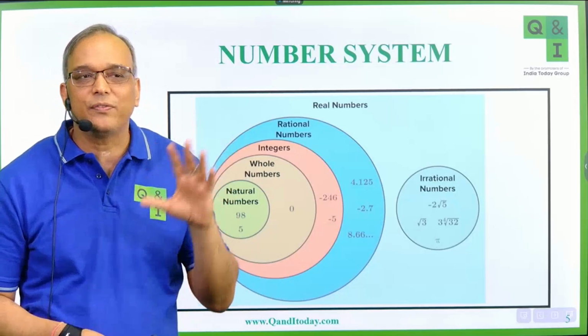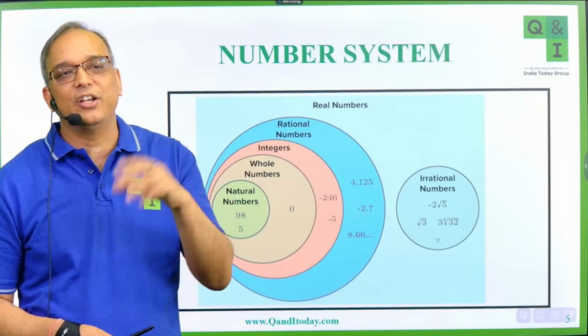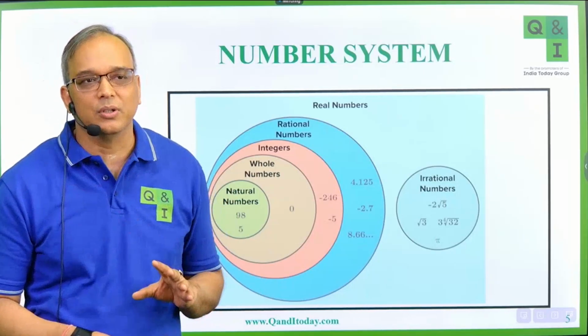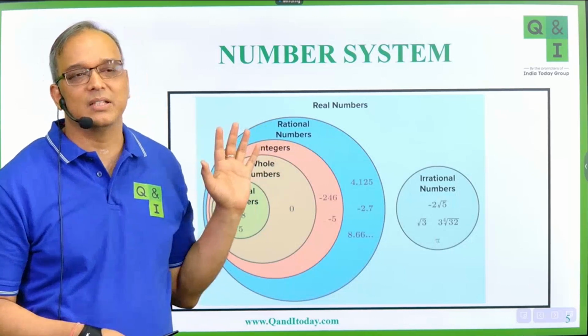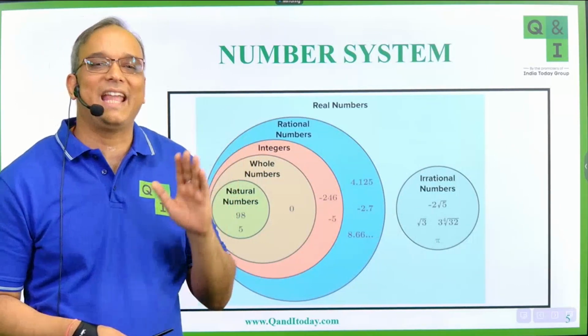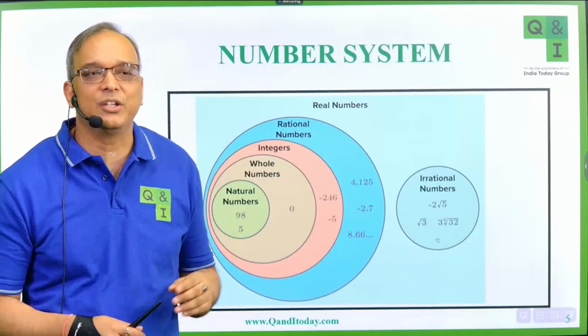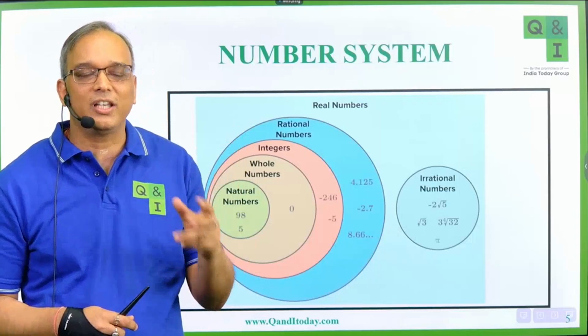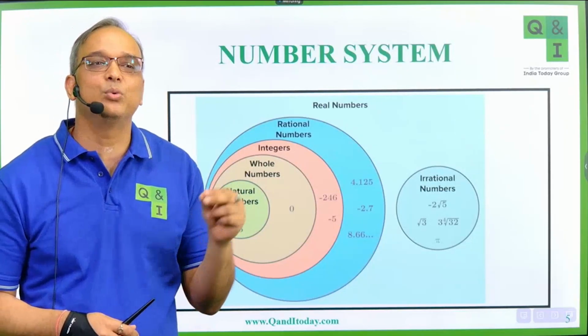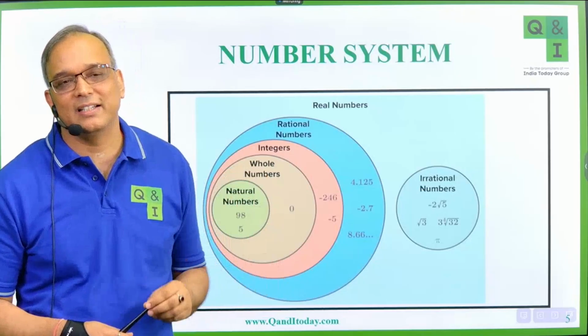The ratio of integers where the denominator is not equal to 0 are called rational numbers.